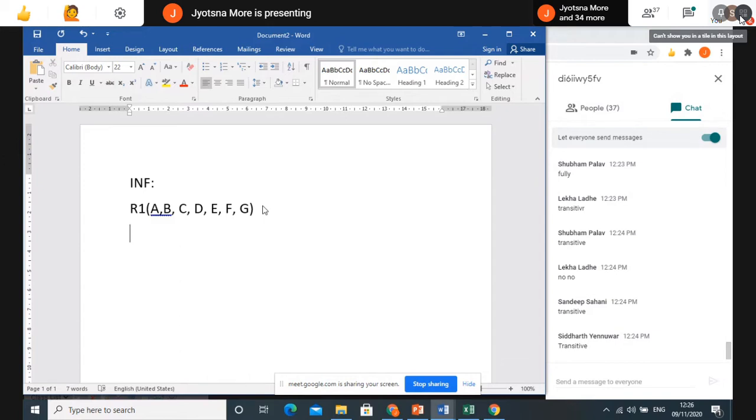So mention that R1 is in first normal form, since it has no repeating groups. Okay, so here we are done with our 1NF.